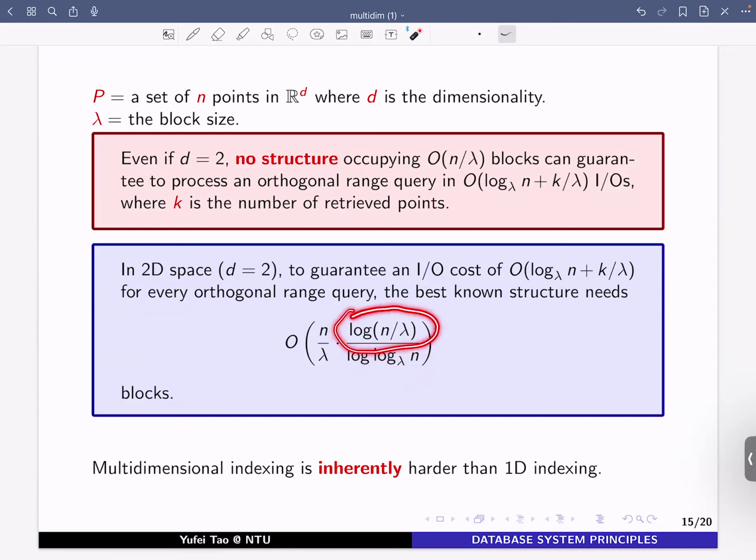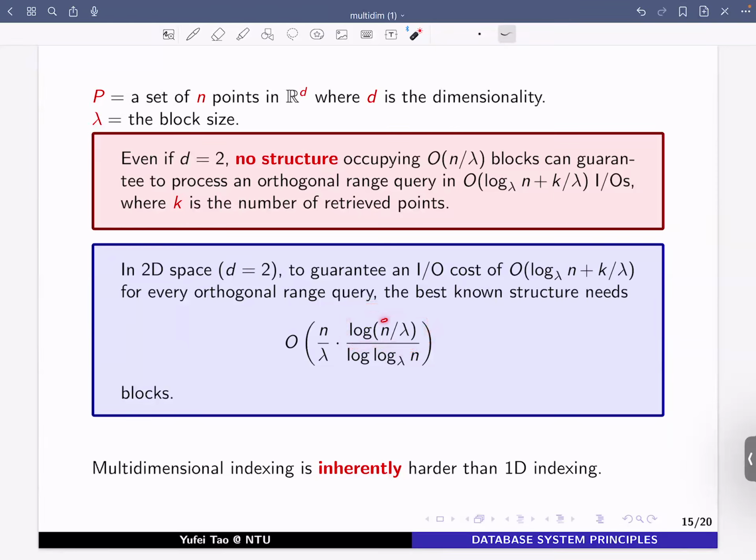this log term. So this log term basically says how many times more than linear space? You can even imagine it like, how many times you have to store this data set over and over again, right? So the answer is basically log of n over lambda, right?